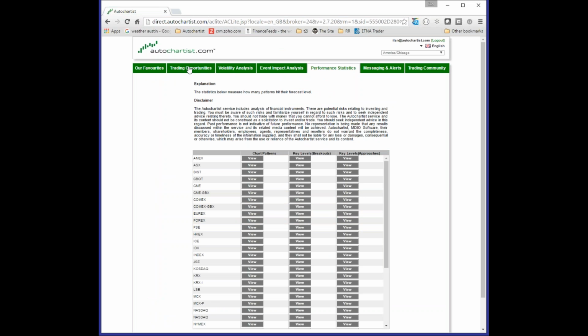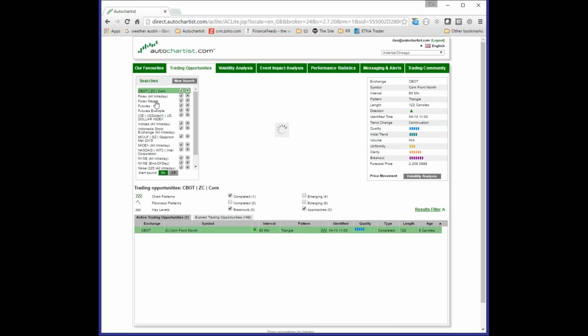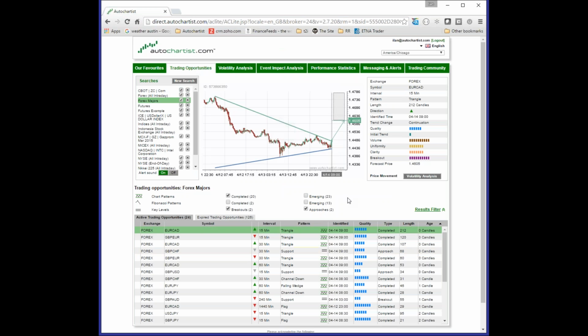You can have a look at these key level statistics as well, but what I really want to focus on is how, with a few simple steps, we've reduced the number of instruments that were of potential trading opportunities that we're looking at. We started off with 62 opportunities, and we filtered it down to 24 opportunities, just by looking at the completed chart patterns and breakout and approaching key levels.